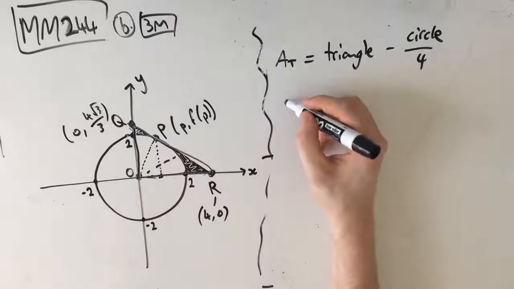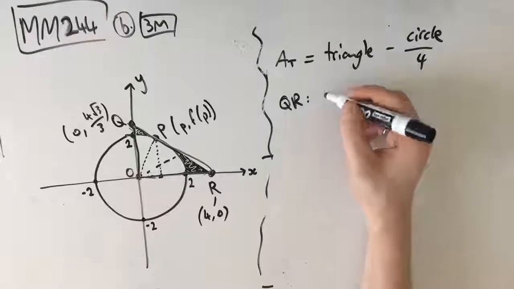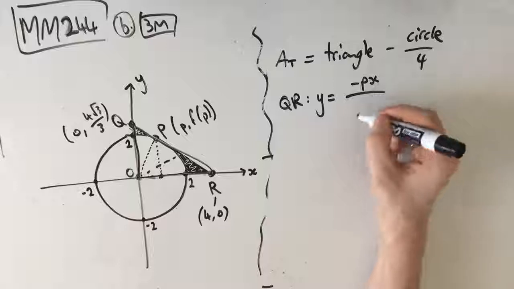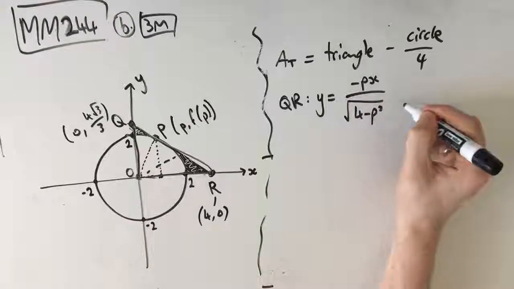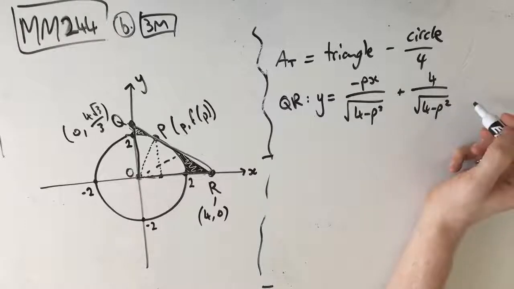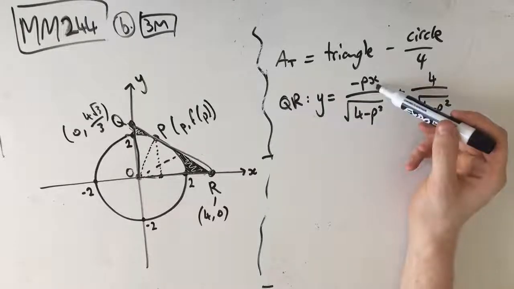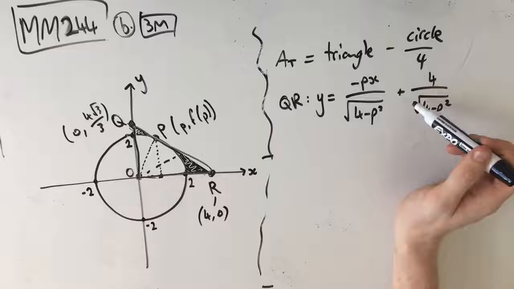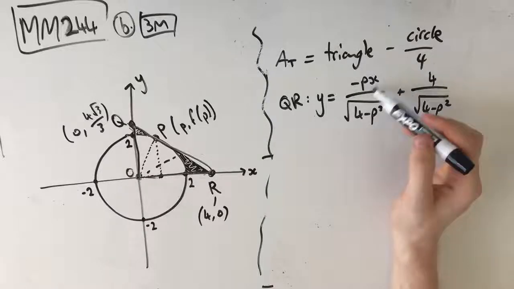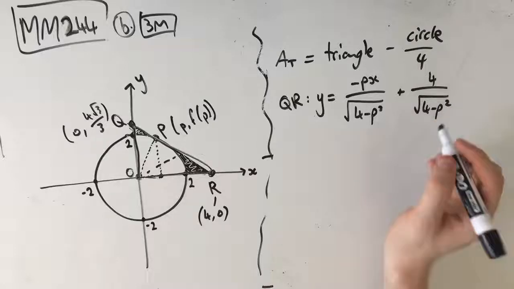So before, our tangent of QR, if we hadn't subbed in P, we would have got y equals negative px over root 4 take p squared plus 4 over root 4 take p squared, okay? So we subbed in P early before to get our value for QR, but in this case, if you had kept going without subbing in P, this is what you would have got for the tangent equation.